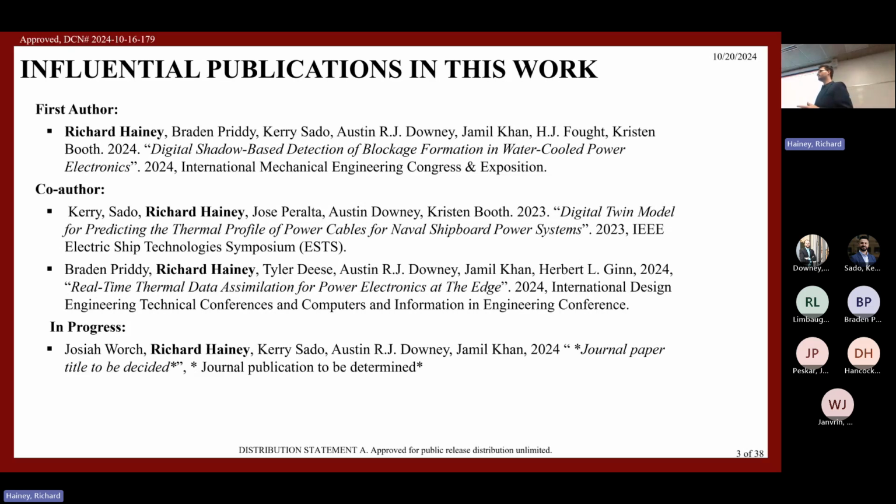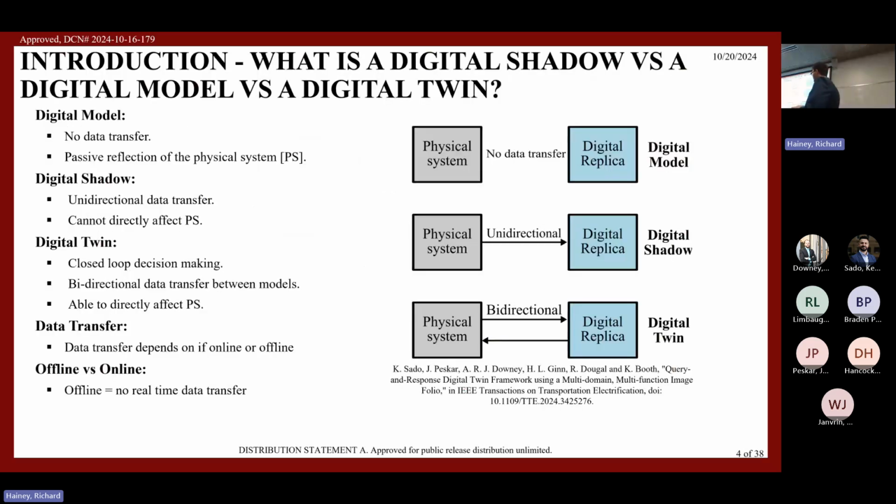So as I stated before, what is a digital twin? The simplest definition that I can think of for a digital twin is essentially a virtual representation of a physical test bed. The physical test bed we call PT during this presentation.